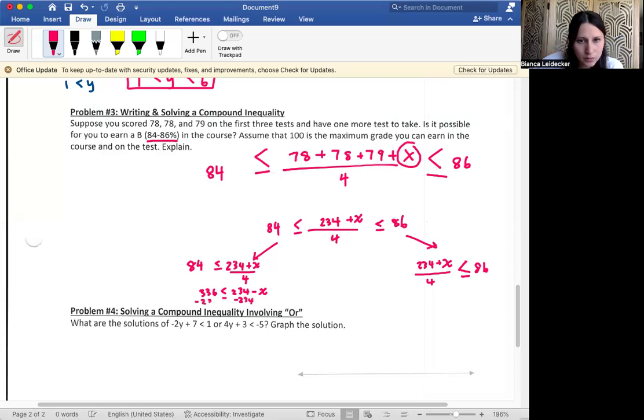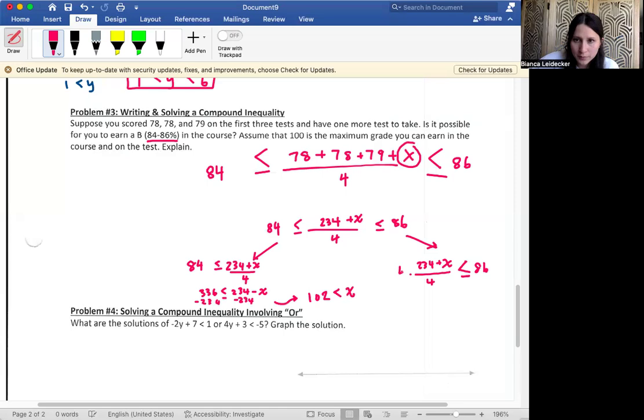I'm running out of room. But bringing this over, x would be, let me write it back in the correct order, 336 minus 234 is 102. So you would have to score greater than 102 to get 84.